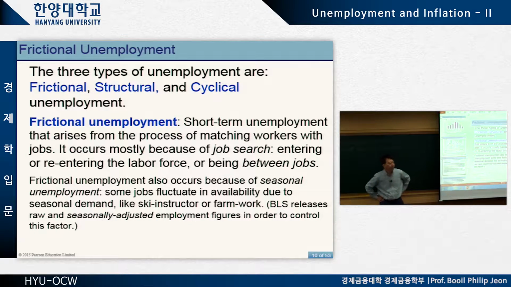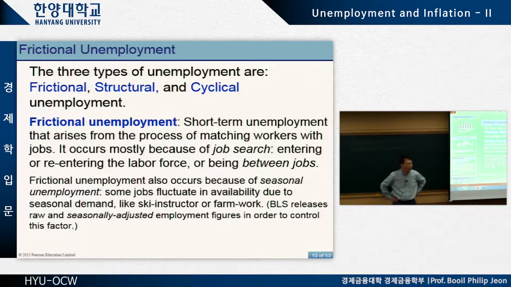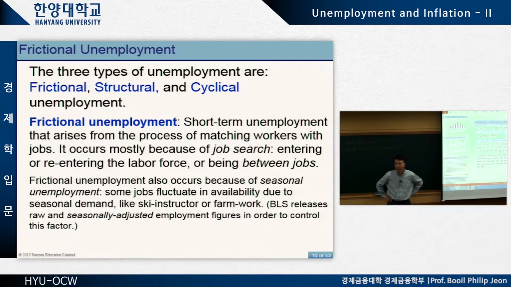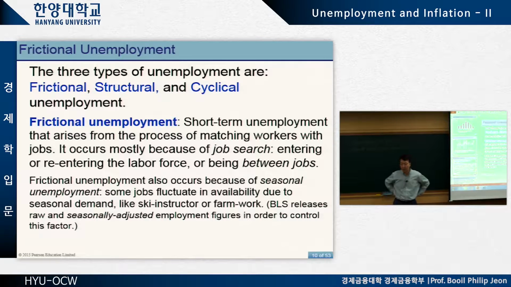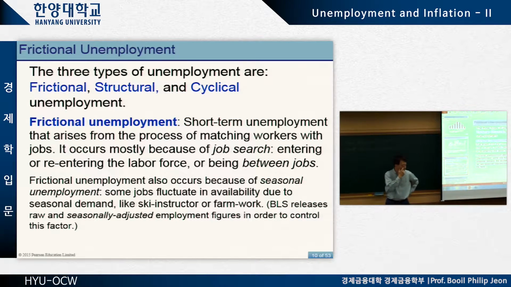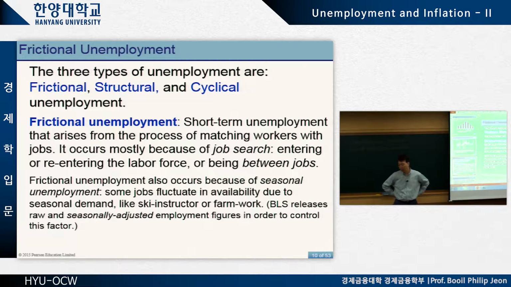job. Let's say college students graduate in February, and it takes about 3 months for them to find a job, until May maybe. That 3 month period is considered frictional unemployment. Or you've been working for a company and the company went out of business, so you lost your job, and it takes a few months to locate another job.